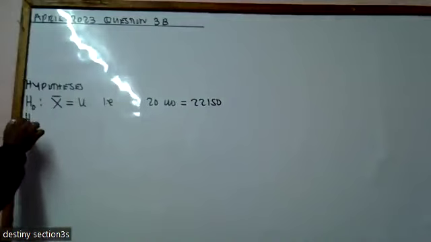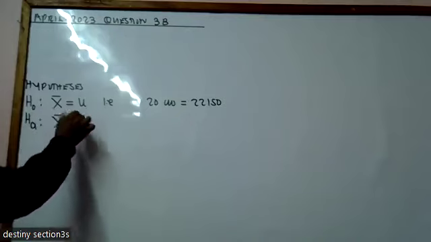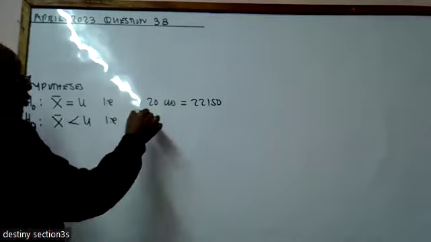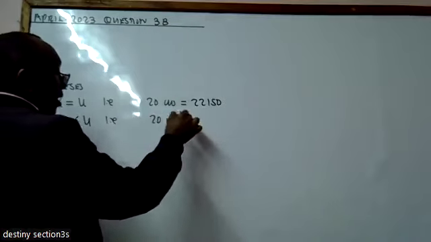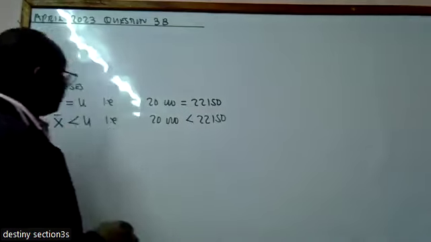Then in the alternative hypothesis, X bar is less than mu. That is, 20,000 is less than 22,150.